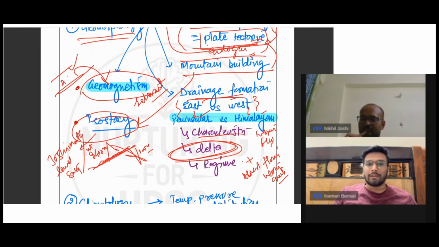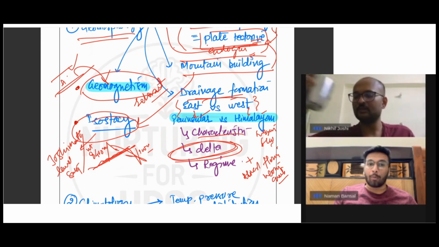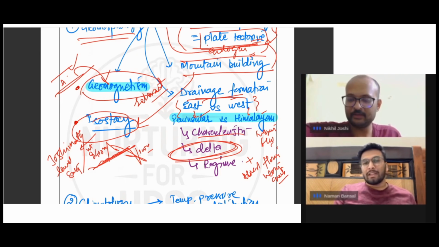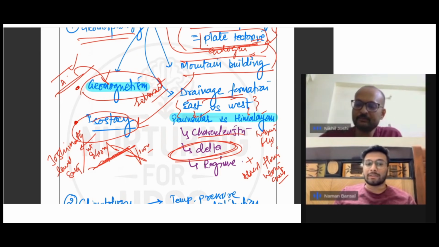What we normally do is, when a theoretical question comes, we start writing the news elements in the introduction. But the opposite we should also do: whenever there is a news-derived or news-inspired question, we must write one or two liners about the theory. For example, with peninsular versus Himalayan rivers, Nikhil was mentioning urban flooding. Whenever a question on urban flooding comes, you can drop a one-liner that the natural causes are that these are Himalayan rivers and the topography is fragile. So it's a two-way process.